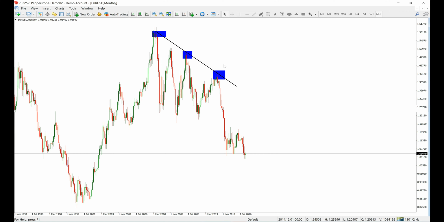They act as support or resistance areas, and you cannot just imagine them as an exact point where price should change direction or break through. No, these are areas which you have to check thoroughly. So this is a downtrend, and we have a descending trend line.